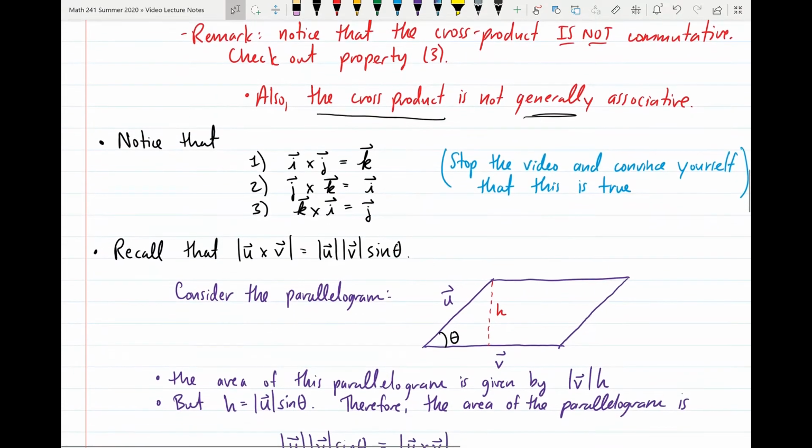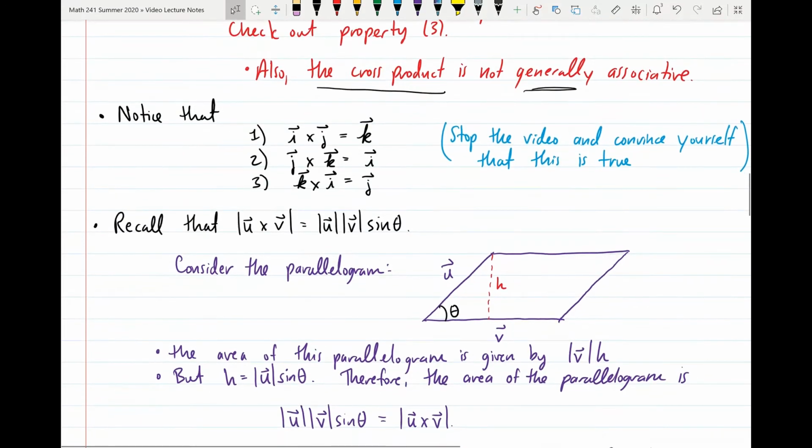So here are just a few pieces of information that I want to give you. The book goes into this section in a little bit more depth, but I don't want to get into it too much. I would just generally know the fact that the cross product of i and j is going to give you k, and the cross product of j and k is going to give you i, and the cross product of k and i is going to give you j.